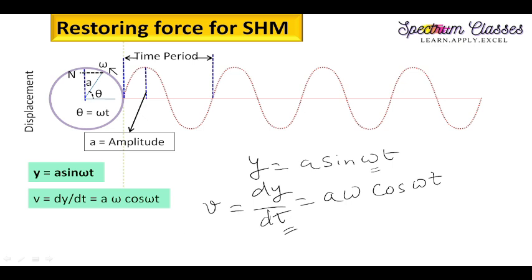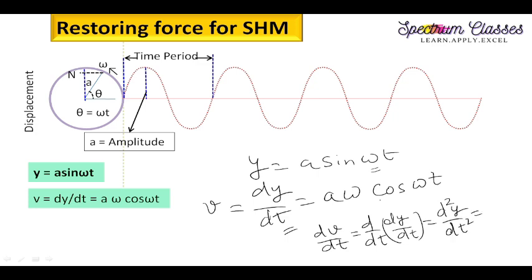dy upon dt. Now if I differentiate it again, dv upon dt, or we can say this is again d upon dt of dy upon dt, then we can write it as d2y upon dt square, and this will be equal to a, and this omega will again come over here, omega square, and cos omega t will become minus sine omega t.